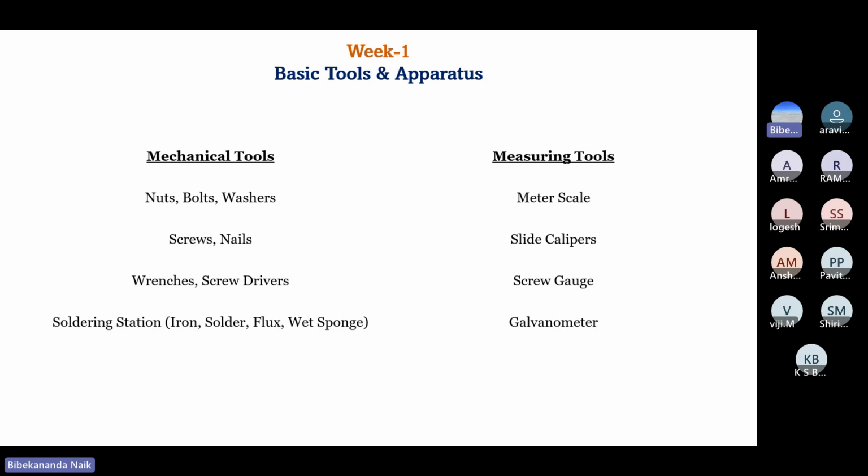That includes mechanical tools like nuts, bolts, washers, screws, nails, wrenches, screwdrivers, and the soldering station, which is used to solder different things. It consists of iron, solder, flux, and a wet sponge. The iron is to melt the solder, flux is used to prevent oxidation, and the wet sponge is used to clean the iron.